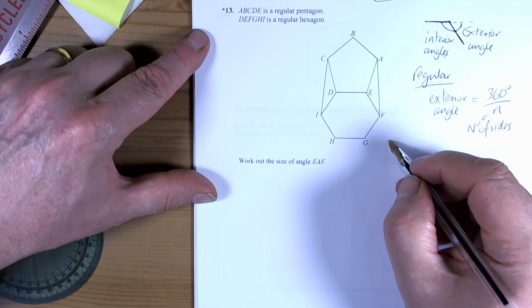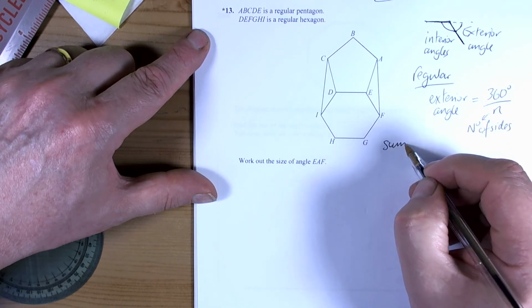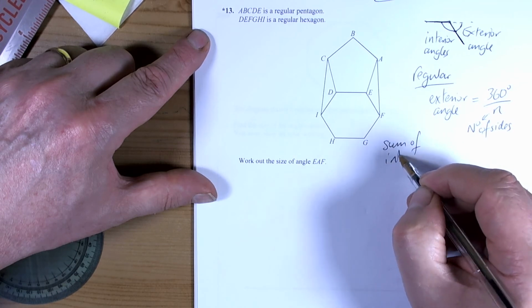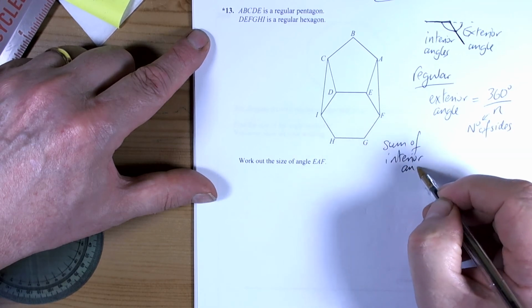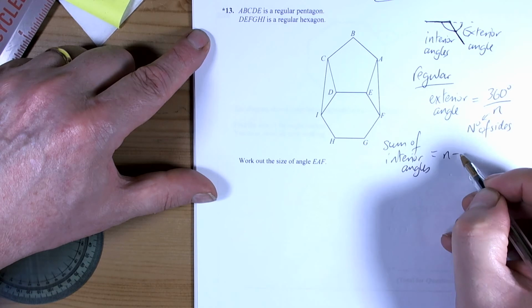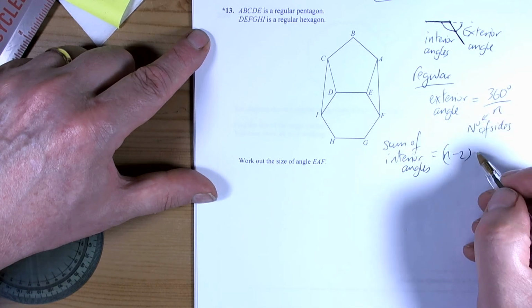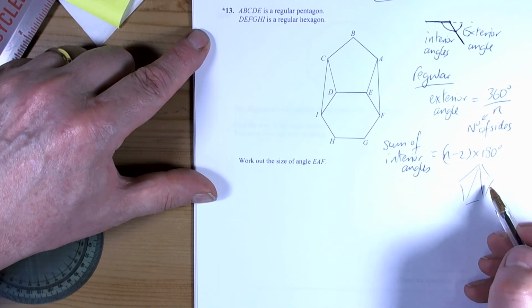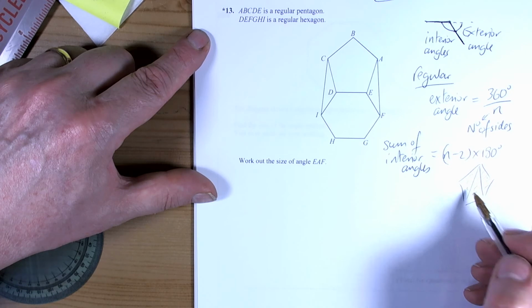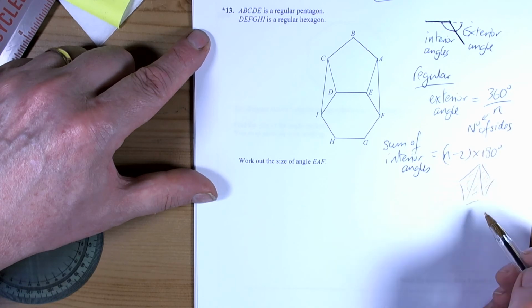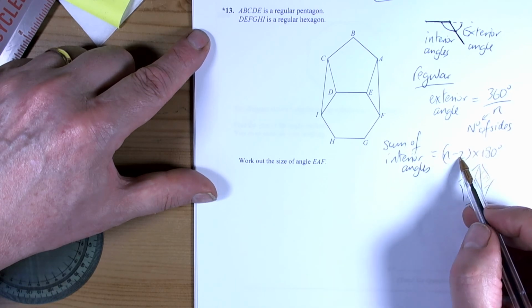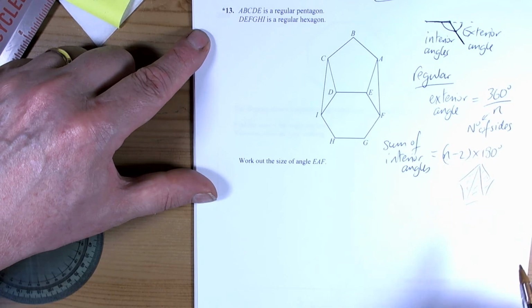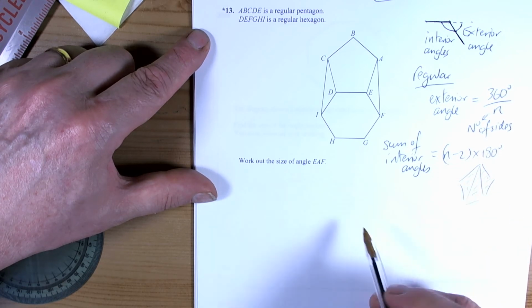And for all polygons, there is a rule for the sum of interior angles, and that's n take away 2, n again being the number of sides, times 180 degrees. And that comes from the fact that, for example, if you've got a pentagon, then we can create 3 triangles as the minimum, and each of those triangles has 180 degrees. 5 take away 2 is 3, 3 times 180 tells us we've got the 3 triangles within there.